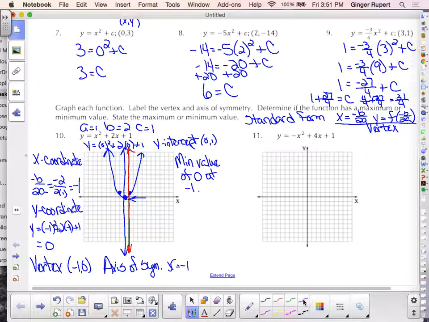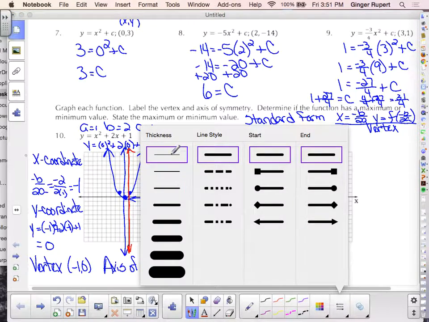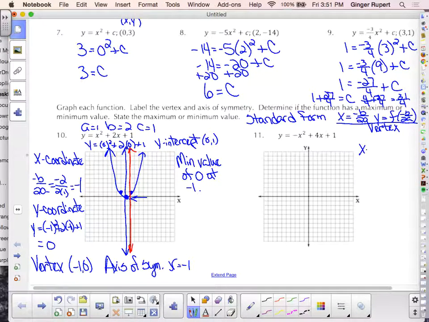Number 11, I have my x-coordinate, not my x-intercept, sorry about that. My x-coordinate at -b/2a. a is equal to -1, b is equal to 4, and c is equal to 1.